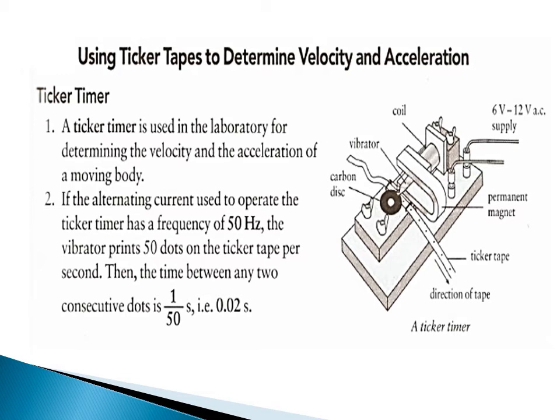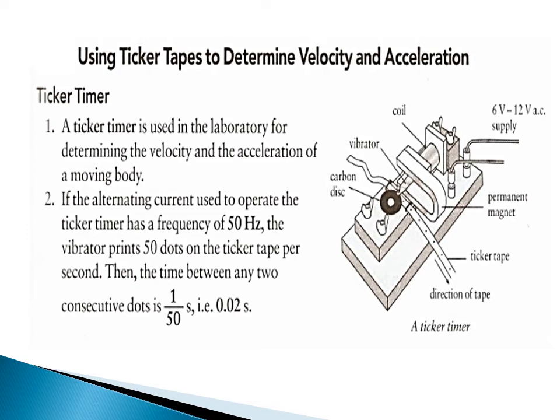Okay, so from one dot to another dot, it shows time. So in 1 second we have 50 dots.